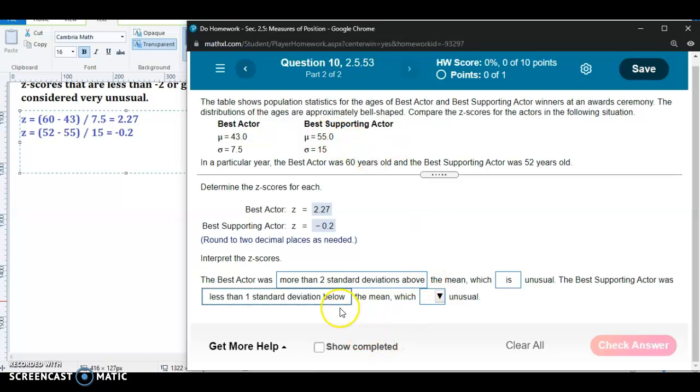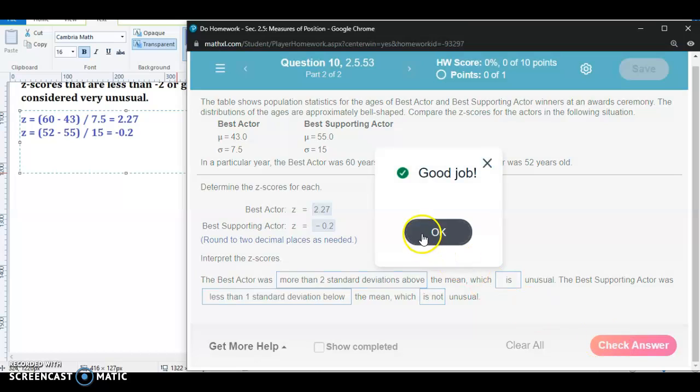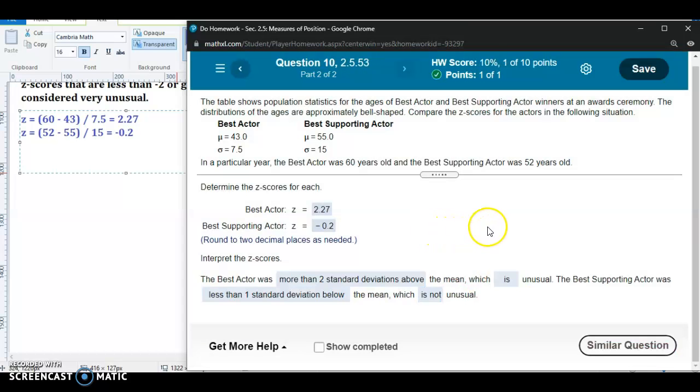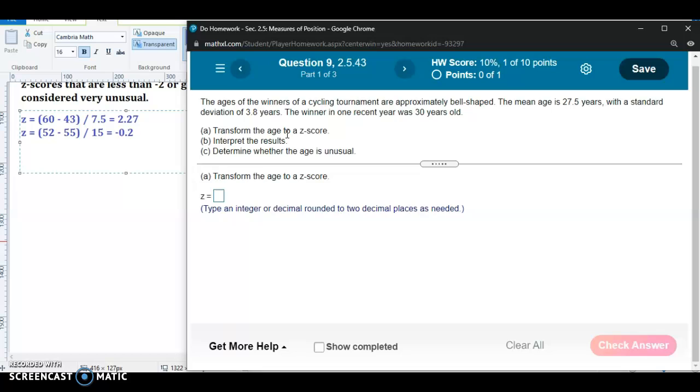The z-score is less than 1 in magnitude, which is not unusual. And that completes question 10. Question 9 is similar. It's going to ask you to compute the z-score using the formula, interpret the results, and then determine whether that data value was unusual based on the z-score. So you can do that on your own.